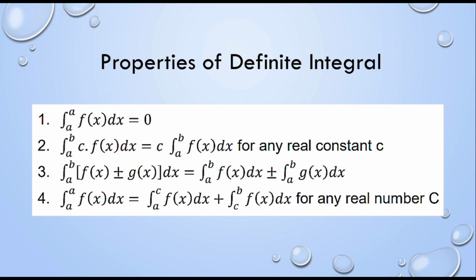Then lastly, the definite integral with lower limit a and upper limit b of f of x dx is equal to the definite integral from a to c of f of x dx plus the definite integral from c to b of f of x dx, for any real number c.